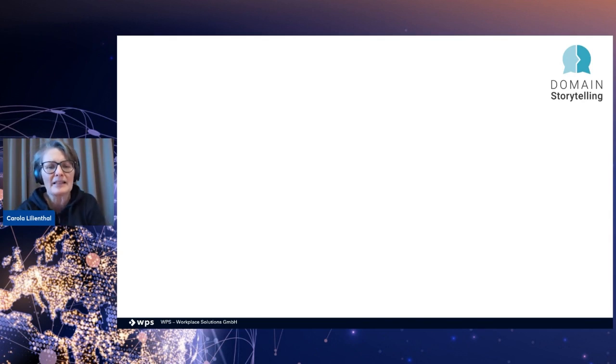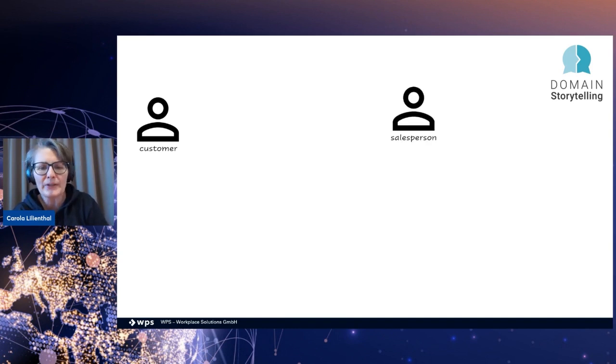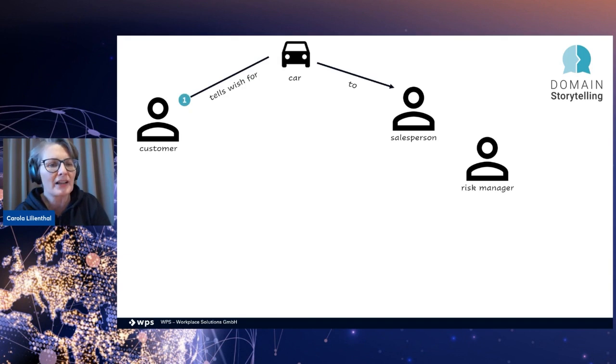As an example, let's take a closer look at the conclusion of a contract for a leased vehicle. We have 3 people that are involved in this leasing process: the customer, the salesperson, and the risk manager. The process begins with the customer that informs the salesperson of their wish, which kind of car he needs.